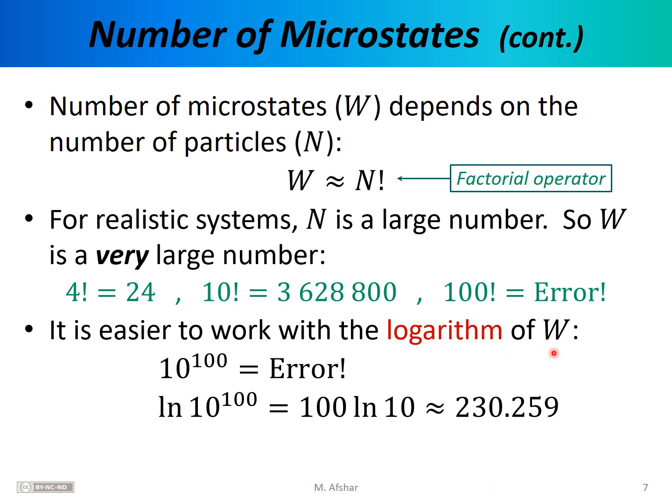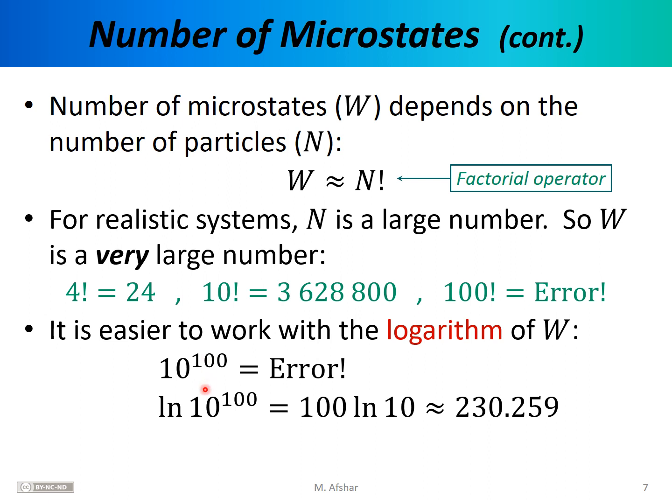So since W itself is an enormous number, we often take the logarithm of that enormous number to get a number that is a little more manageable. For example, you can try this on your calculator also. 10 to the 100th power is something that is difficult to calculate on most calculators.